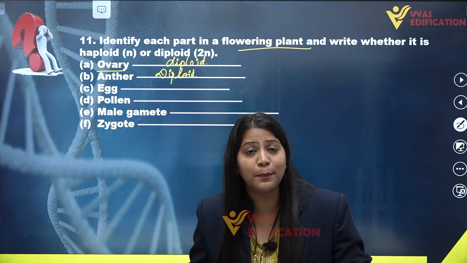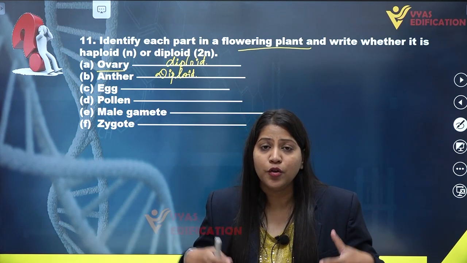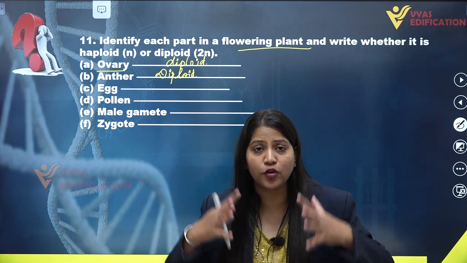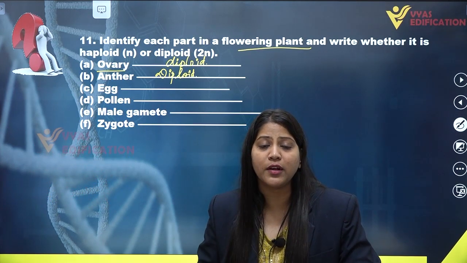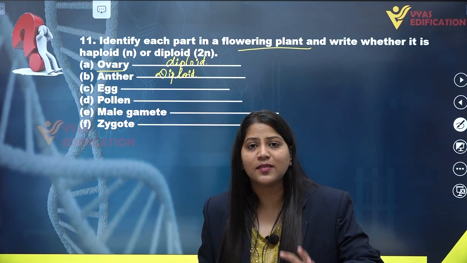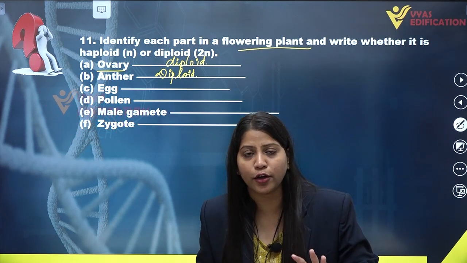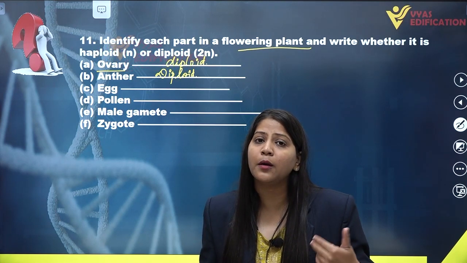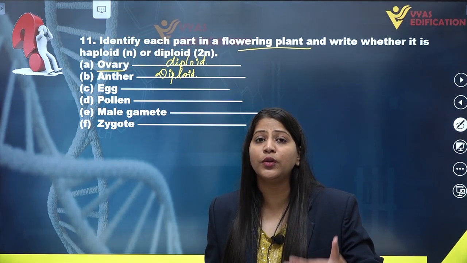flowering plants, the main plant body or the main human body is actually diploid, because each and every cell of a human body and each and every cell of a plant body is diploid, containing a full set of chromosomes in them. But they produce gametes for fertilization to continue their species.